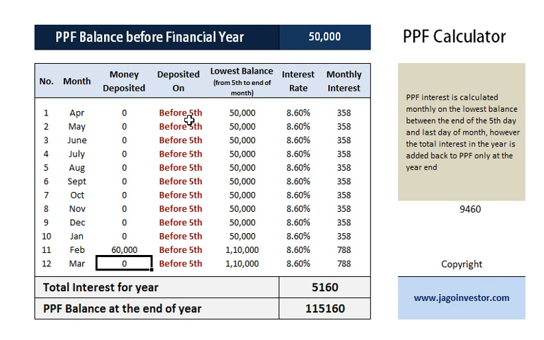And only in the month of Feb, when you invest 60,000 rupees, for that particular month your lowest balance between the 5th and the end of the month would be 1,10,000 rupees, and it will happen only when you invest the money before the 5th. If you are late by a few days, and invest it on the 8th or 9th or 10th, the lowest balance would be just 50,000 for that month, and you will lose out on a couple of hundred rupees.